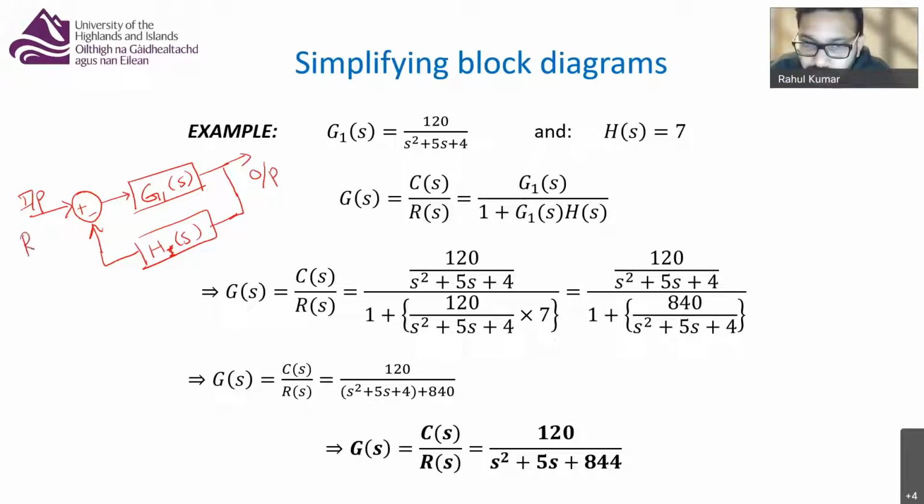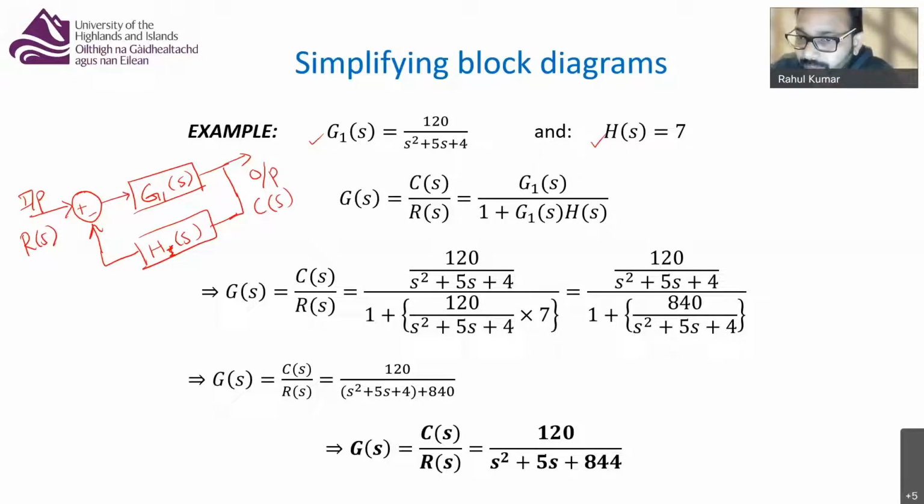Input is R of s and output is represented by C of s, like that. Okay, so in this example I am given G1 of s and H of s. So the transfer functions are given.